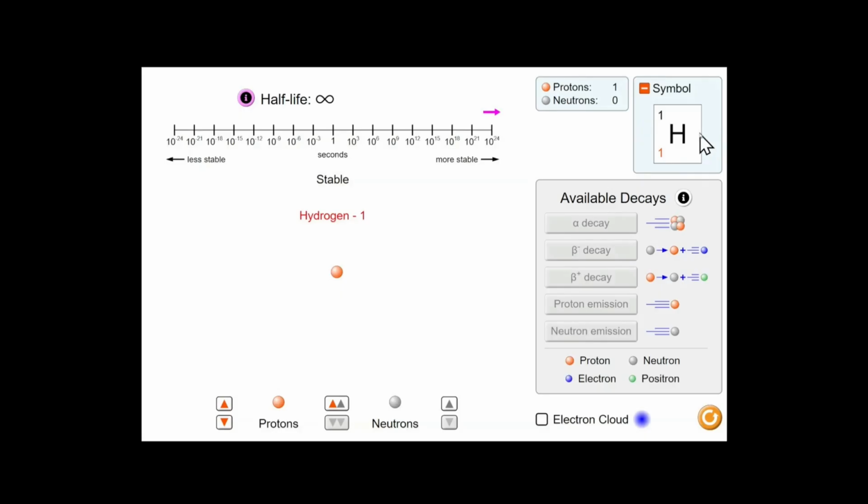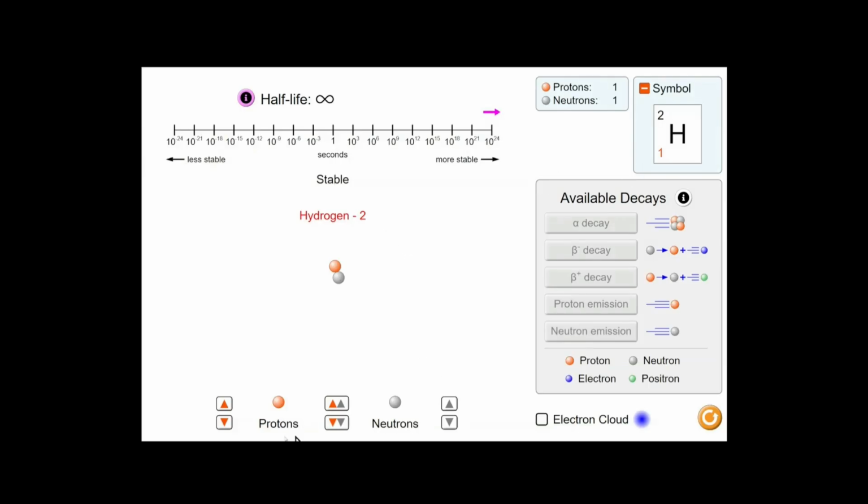So one proton by itself is a hydrogen nucleus. It has one proton, no neutrons. So this is hydrogen 1. If we add a neutron, we get hydrogen 2. Hydrogen 2, otherwise known as deuterium.